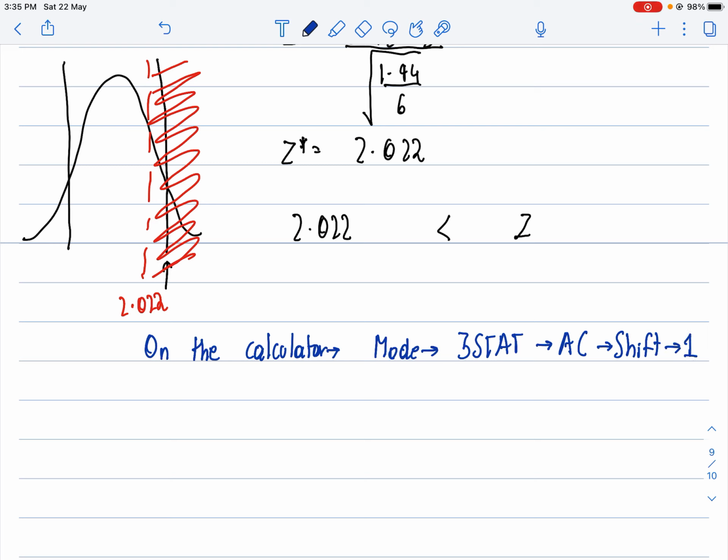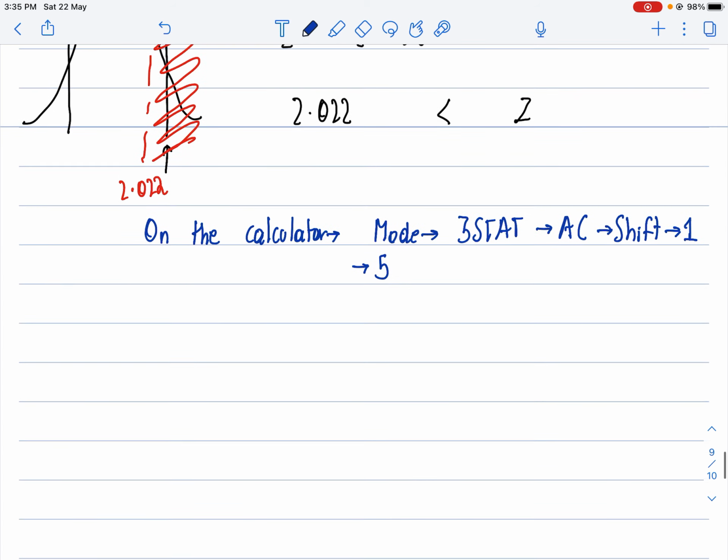When you click on 1, click on 5 where distribution is written. Now on your display you'll get something like 1 P, 2 Q, 3 R and 4 T. P basically means less than of the Z value, and R basically means more than. Q and T are not needed that much. We are more focused on P and R.